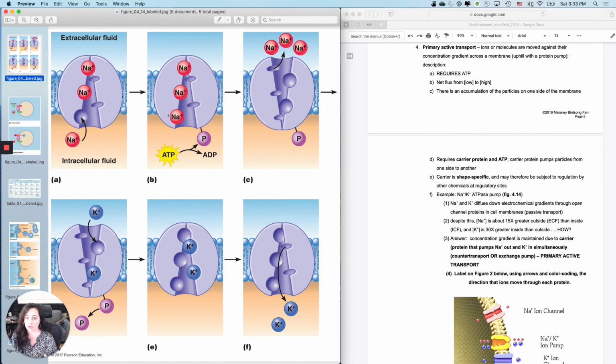The carrier is shape-specific, so it will move things that fit into the shape-specific binding sites that you see here, here, here, here, here. This one's a specific one, and we're going to look at it. And because it's shape-specific, it's subject to regulation by other things, so you can turn pumps on and off, up and down. We're not going to do that with this one.